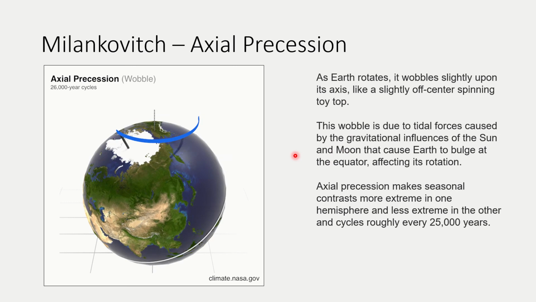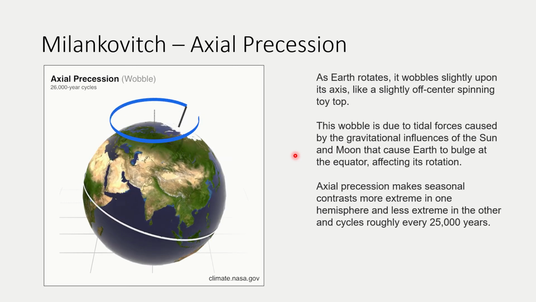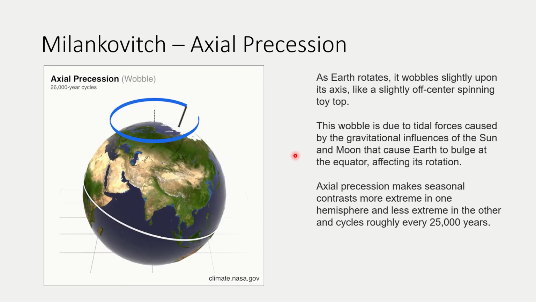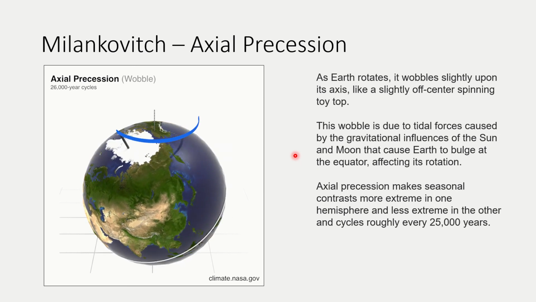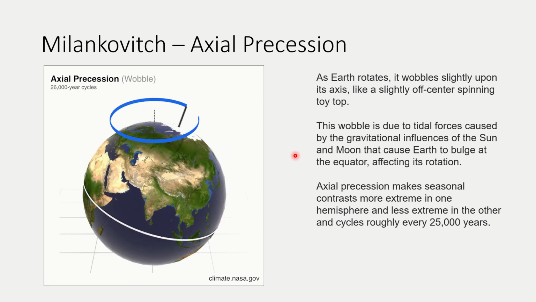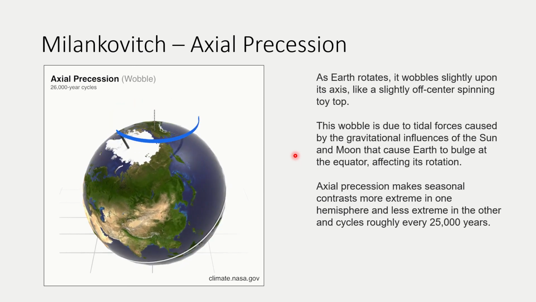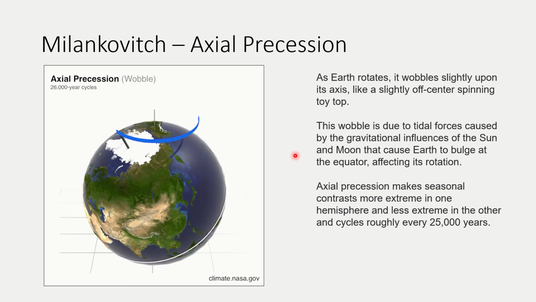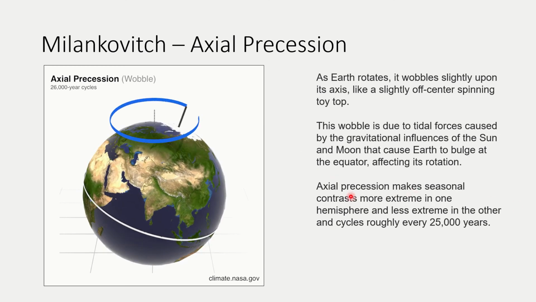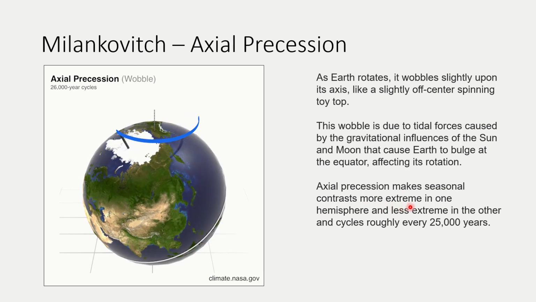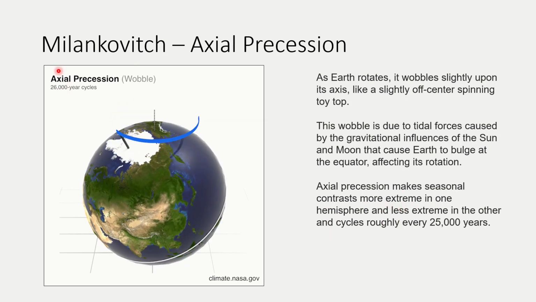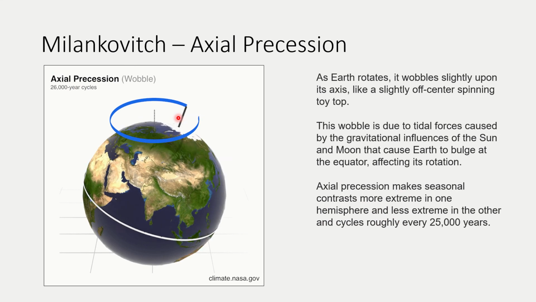This is due to a combination of factors. For example, the influence that the moon's gravity causes on Earth causes it to have an oblate shape, a bulged shape at its equator, and that affects its rotation. Anyway, axial precession makes seasonal contrasts more extreme, and it cycles once every 25 to 26,000 years.